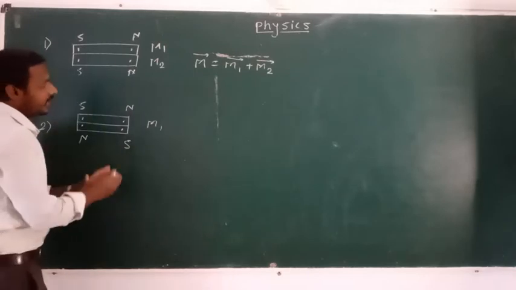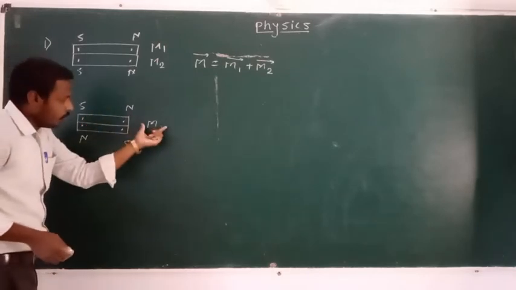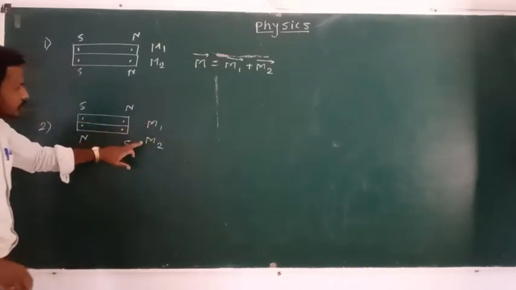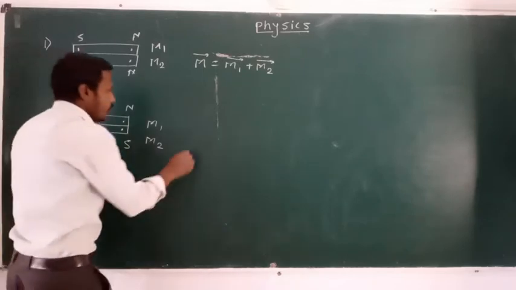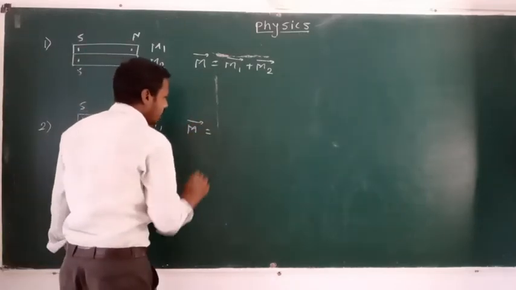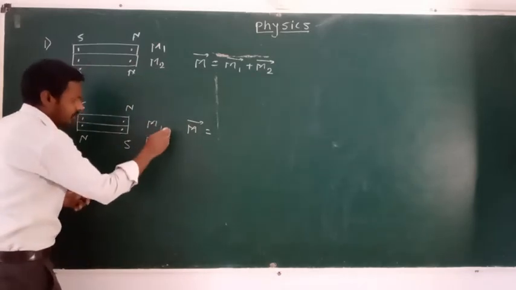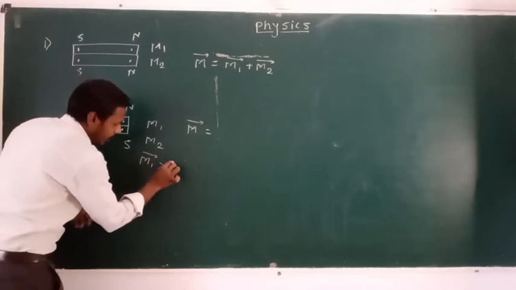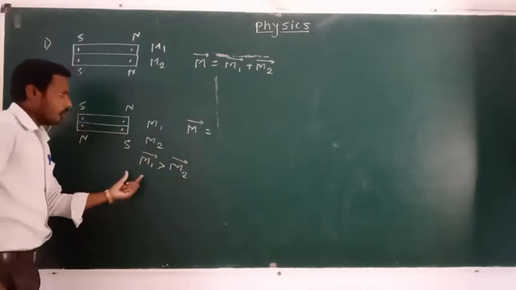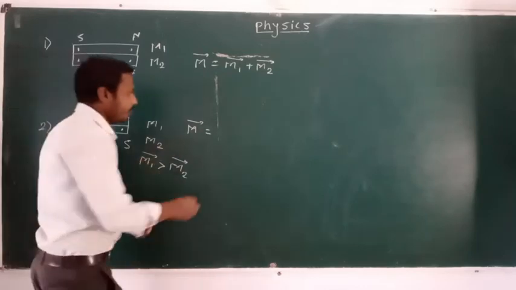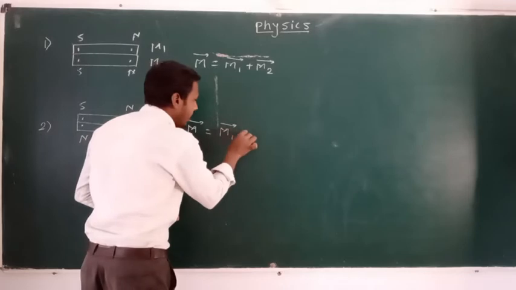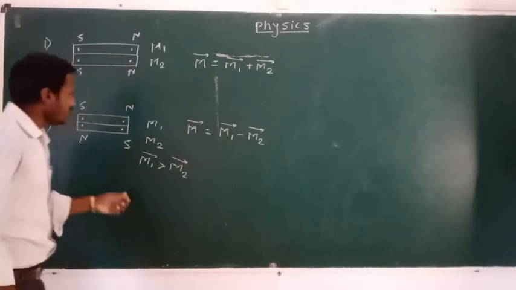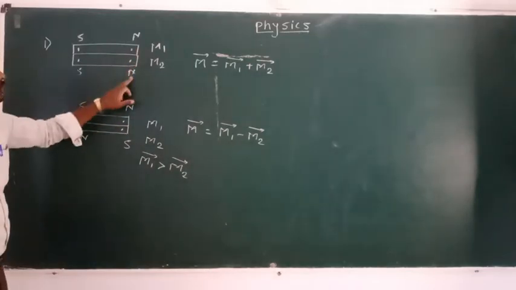Then the magnetic dipole moment of the first is M1, of the second is M2, but these two are oppositely directed. If M1 bar is greater than M2 bar, I repeat, if M1 bar is greater than M2 bar, then we can write M bar is equal to M1 bar minus M2 bar, because both are oppositely directed.